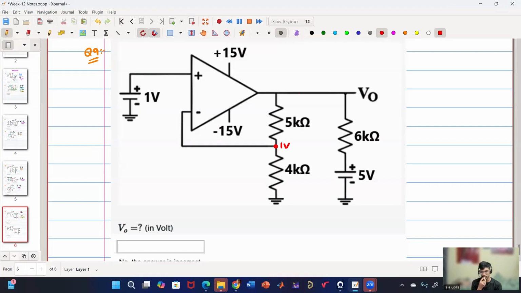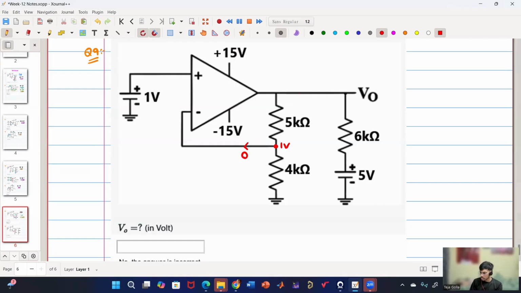1 by 5k minus 1 by 4k equal to V naught minus 5 by 6k. No, I didn't get it. Which currents are you equating? Okay, first of all, is this current 0? This current is 0, right?